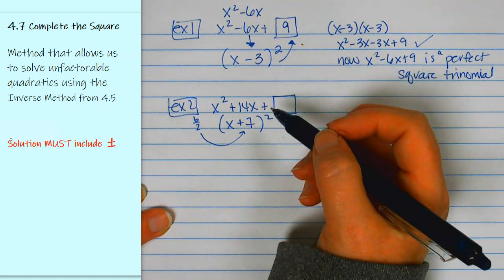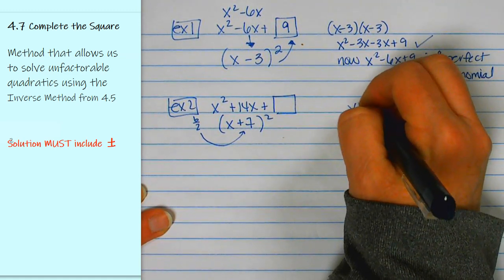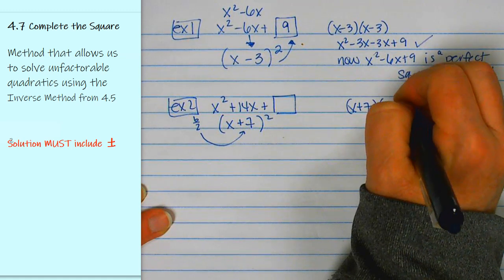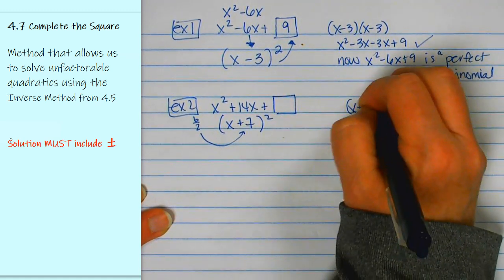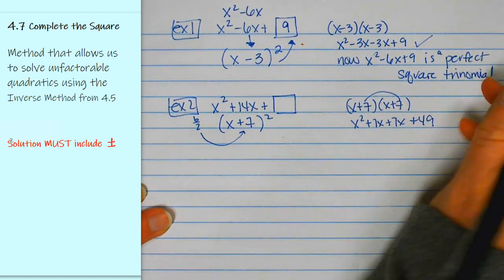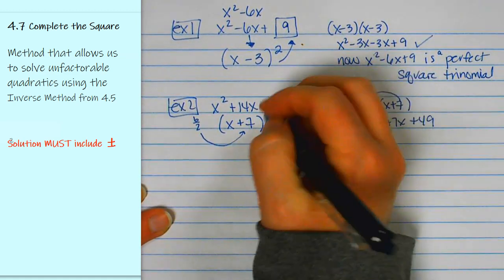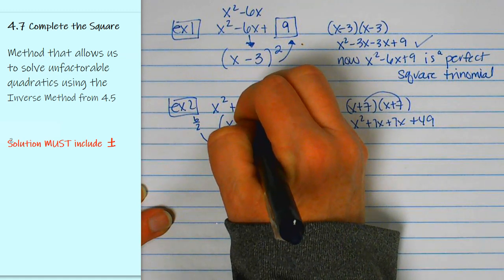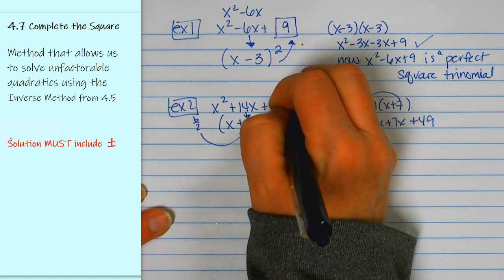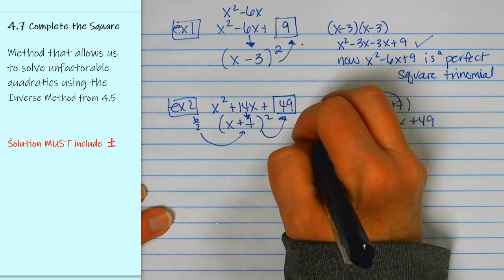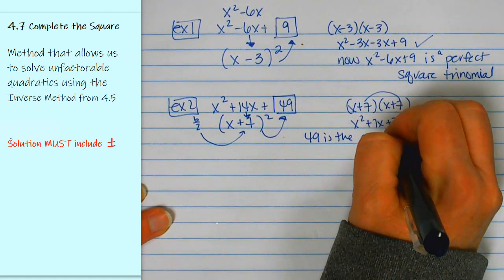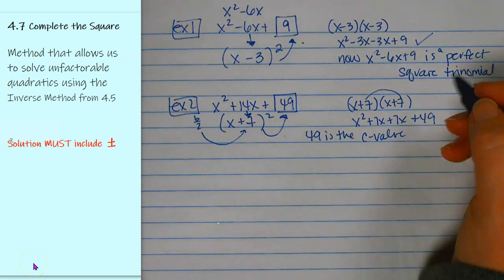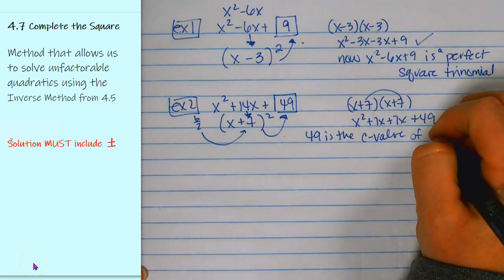So it's going to have x plus 7 times x plus 7, again, x squared plus 14x plus 49. You take this number and you square it. So you take half here and then you square it and put it here, 49. So 49 is the C value of the perfect square trinomial.